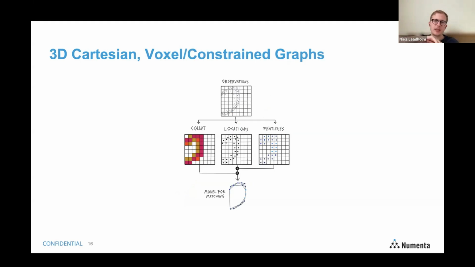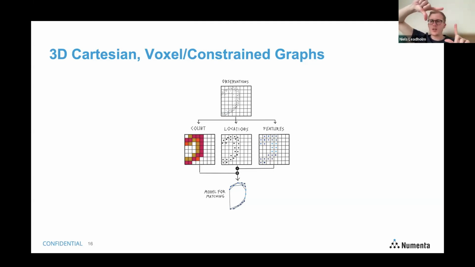But then Vivian had implemented this kind of constrained version, which essentially, if you imagine a voxel grid of 3D space, has two limitations. It has a limitation in its maximum dimensions.